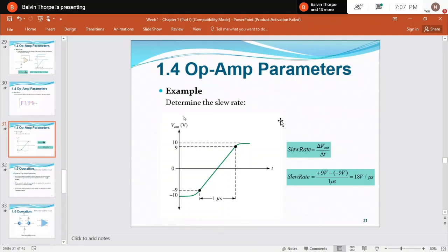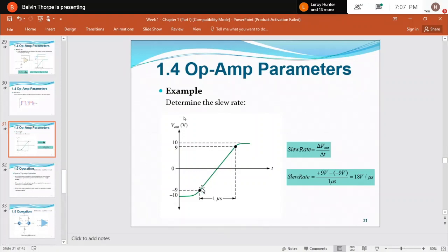So here's an example. If you want to do a calculation of the slew rate, let's say this was the amplifier's output. You notice that from the minimum value to the maximum value, you realize the linear part of the change.